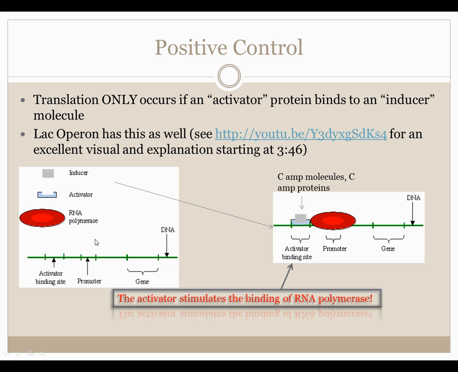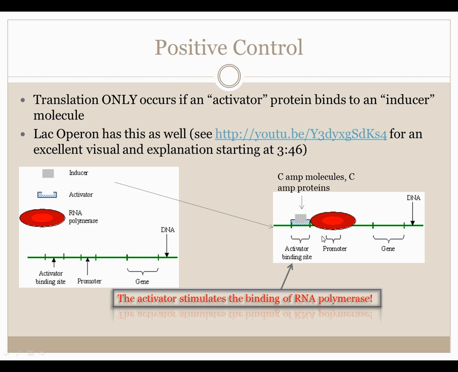What I'm going to show you is just a really basic, simple explanation. I'm going to go to a video. We're going to watch a video in a video, which is pretty crazy. And so what happens with positive control is you need to have an activator. There's going to be a protein that goes to an activator binding site, but then there's other chemicals that will bind to that, and what that does is you need to have that.